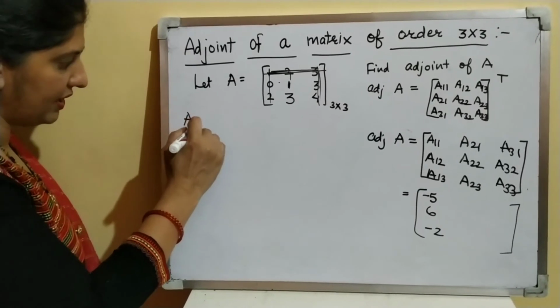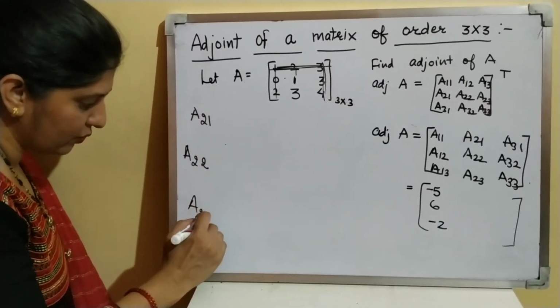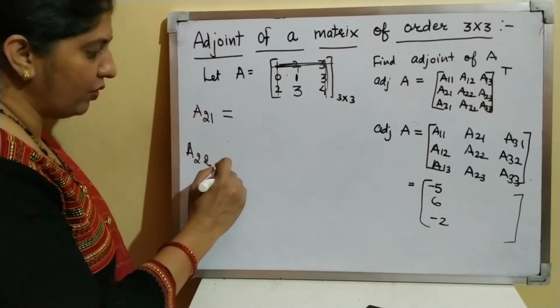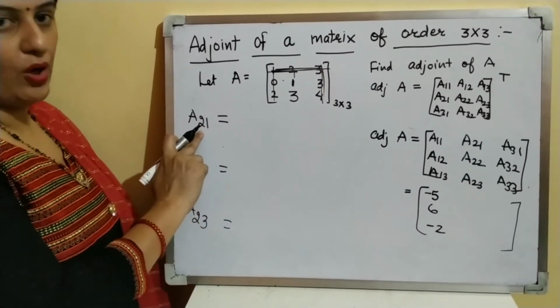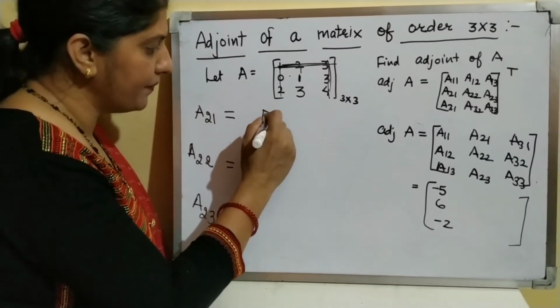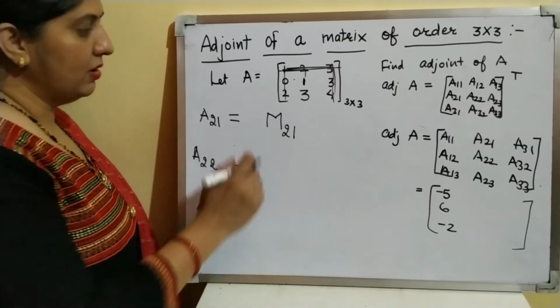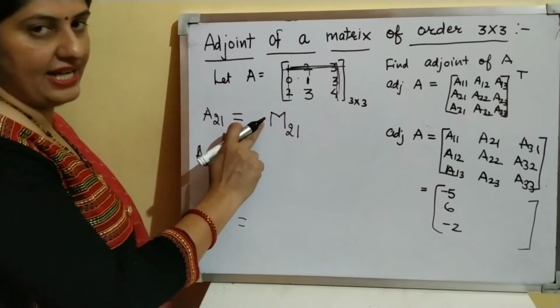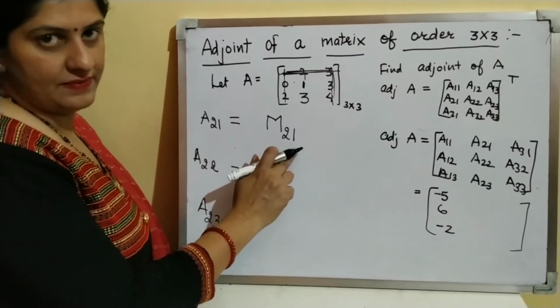We have to calculate A21, A22, A23. We know that the cofactor of the element that belongs to the second row and first column is equal to the minor of that element, but with a positive or negative sign according to the sum of the suffixes.